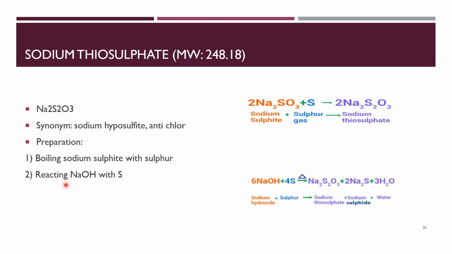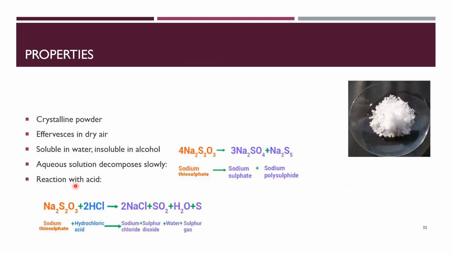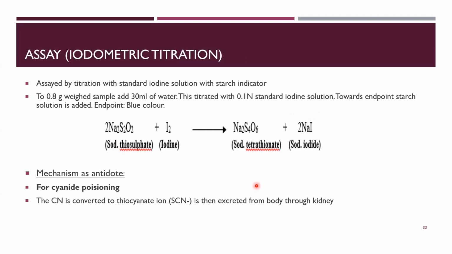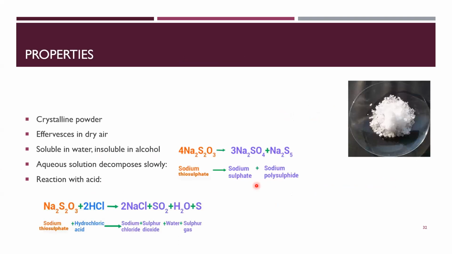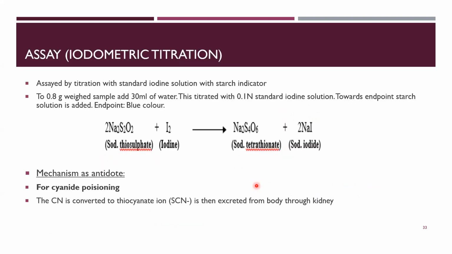Another way can be reacting NaOH with sulfur. Talking about the properties, it's a crystalline powder, effervesces in dry air, soluble in water, insoluble in alcohol, and the aqueous solution decomposes slowly. One thing to note is that sodium thiosulfate has iodometric titration.